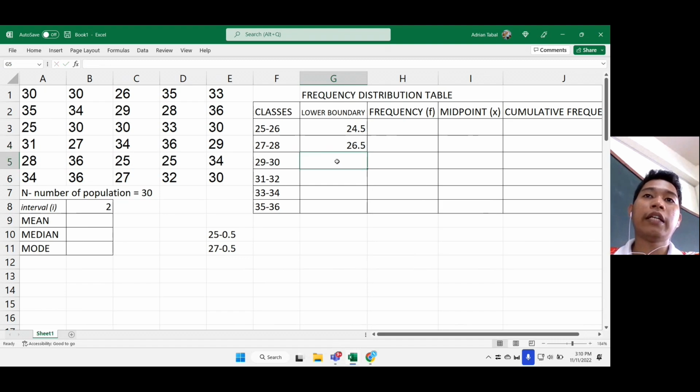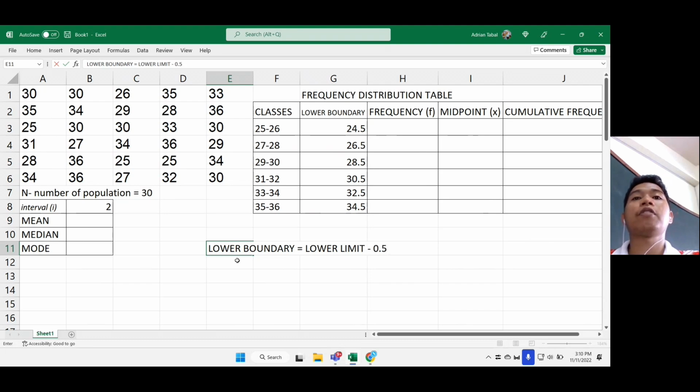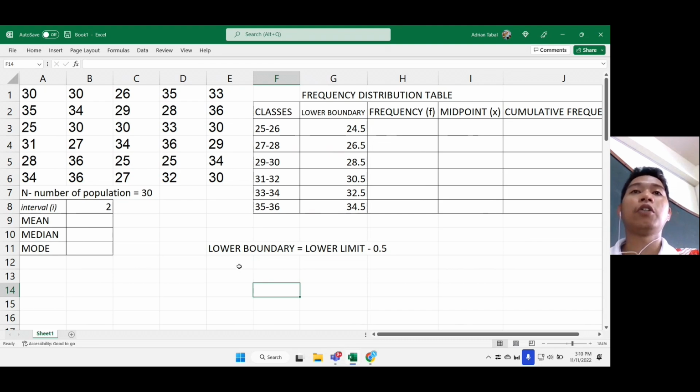The same goes with 29, that is 28.5, then 30.5, 32.5, and the last one is 34.5. So that is how we get the lower boundary: lower limit minus 0.5.